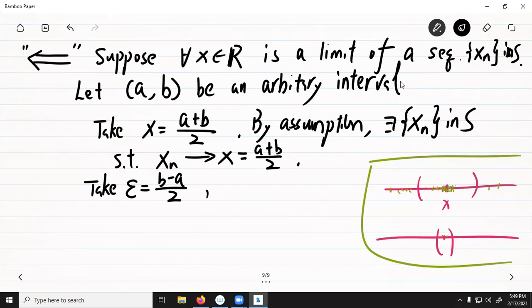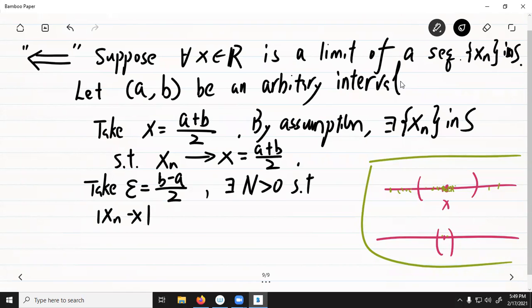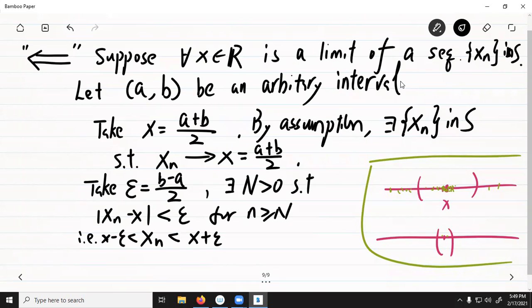There exists a capital N greater than 0 such that |xn minus x| is less than epsilon for n greater than or equal to this capital N. If we expand this inequality, we just get rid of the absolute value sign, so this one would be x minus epsilon and x plus epsilon, right?